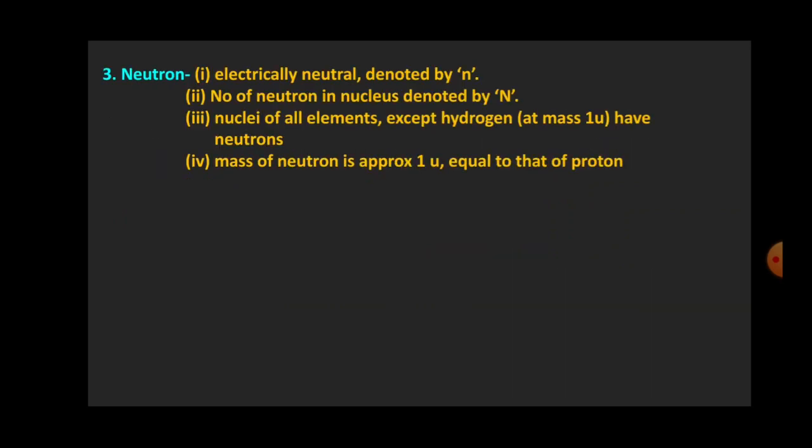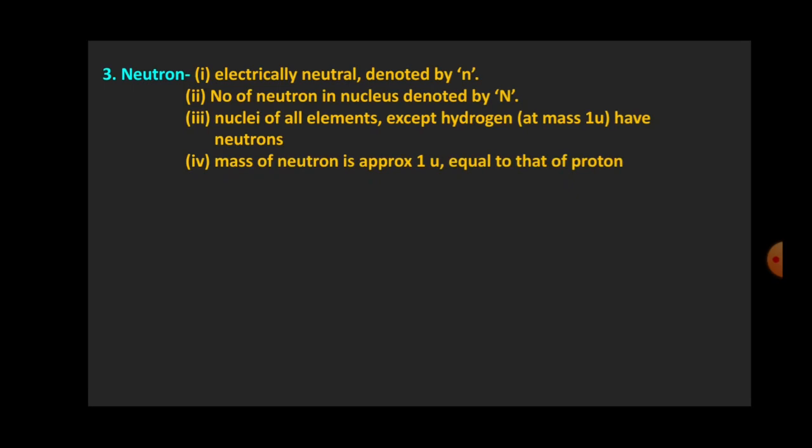The third subatomic particle is the neutron. Now neutrons, as I said earlier, are electrically neutral, right? They do not have any charge. They are denoted by small n, and the number of neutrons in the nucleus is denoted by capital N. Like protons are denoted by capital Z, neutrons are denoted by capital N. Now nuclei of all elements except hydrogen have neutrons.